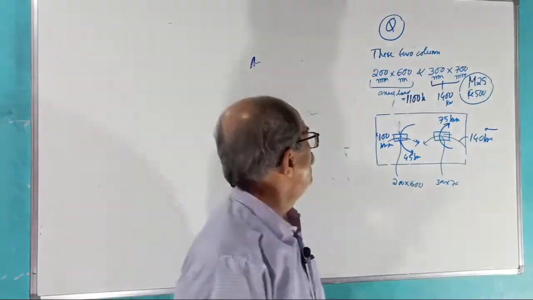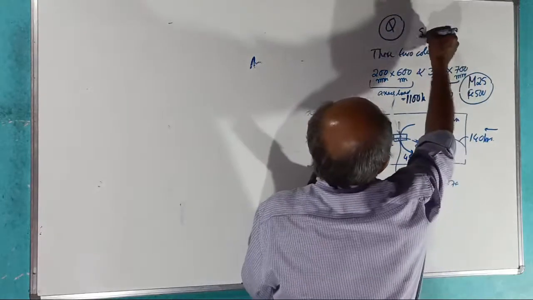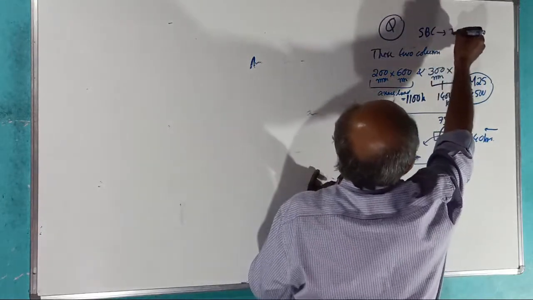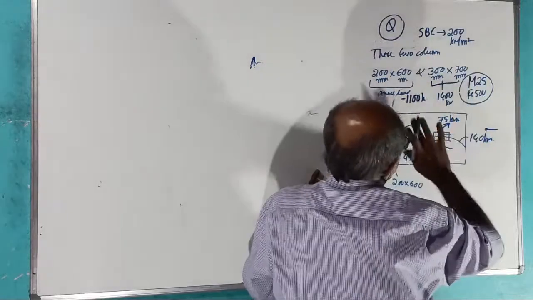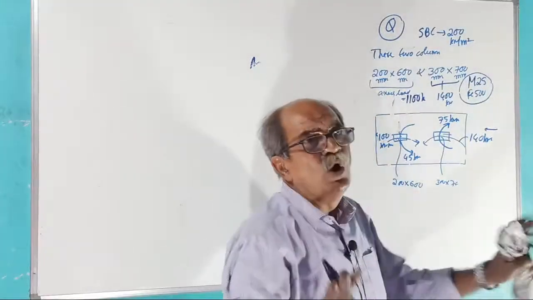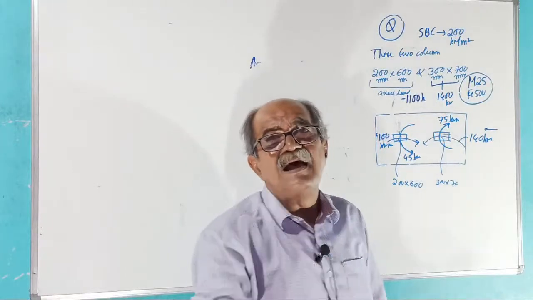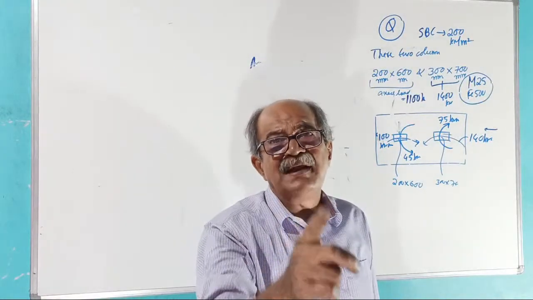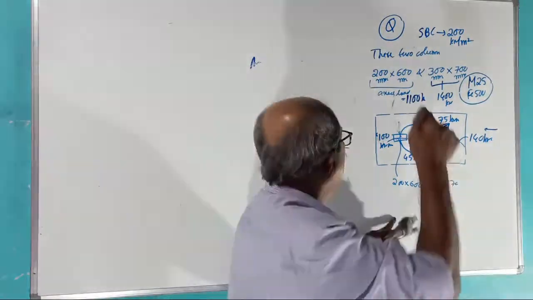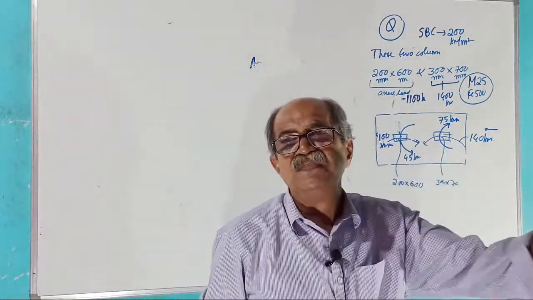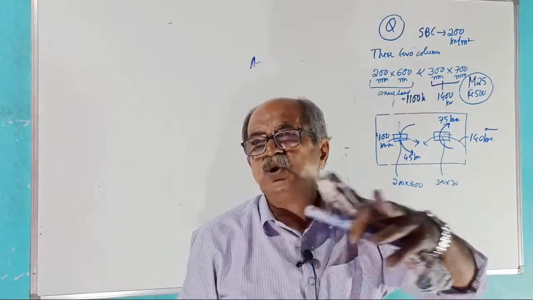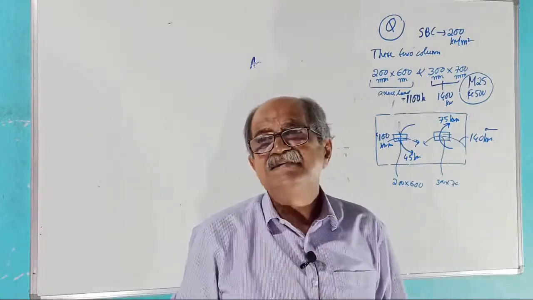Over. Now, the SBC of soil is 200 kilonewton per meter square. Subgrade reaction, today I do not want. Later, in the software class, I will take the same example. I will take the data from my YouTube class and send it in the group.